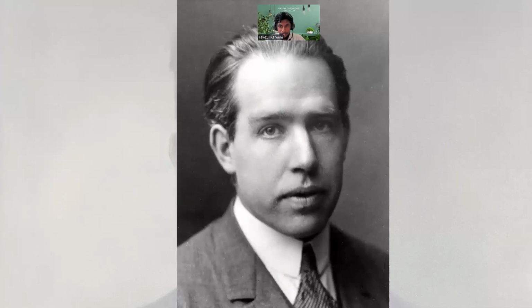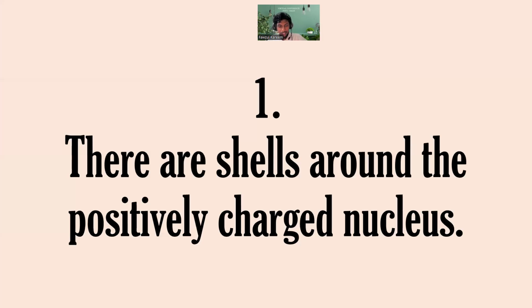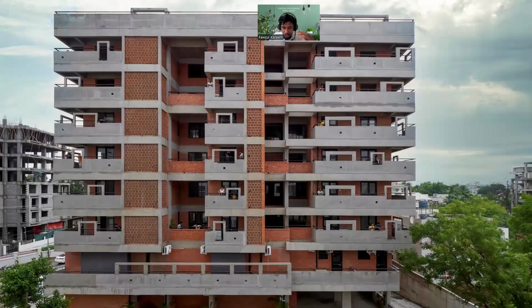Niels Bohr said that there are shells around the nucleus. I will explain what a shell is. Here you can see a building. You see there are many floors: ground floor, first floor, second floor, third floor, fourth, fifth, sixth.